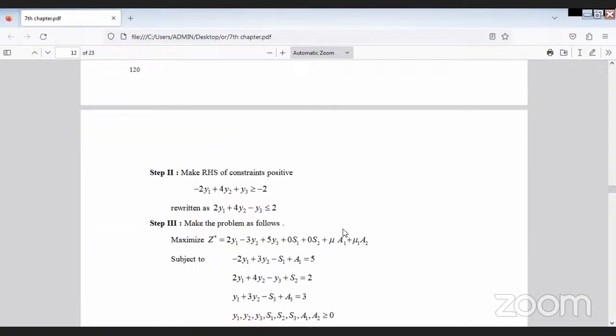I'm taking 0 s1, 0 s2, that means x1, x2, x3, x4, x5 values up to x5, and the artificial variables a1, a2.